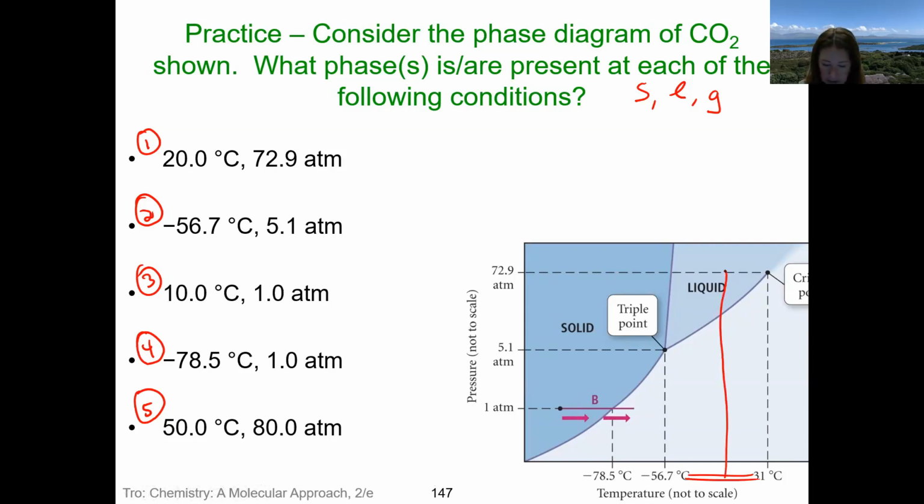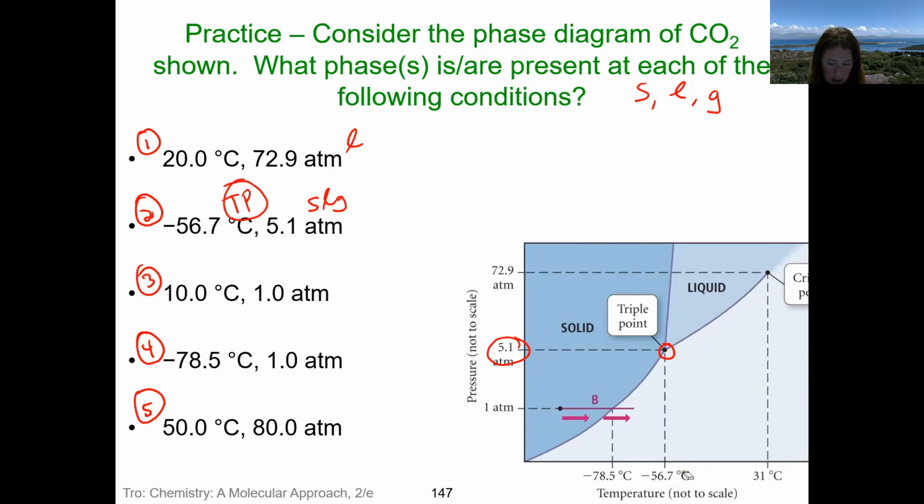And about here, maybe here, that would be a liquid, yes. Negative 56.7 degrees Celsius and 5.1 atmospheres. That's everything, right? That's a solid, a liquid, and a gas. That's the triple point.